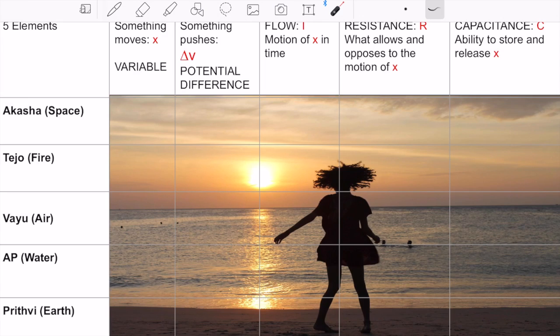So, starting from Earth, we said a ball, an apple, some body that has a certain mass is moved, right? So this is the ball that moves. This is the variable. A ball, a mass that moves and is pushed by a potential difference. It pushes the apple down the gravitational field, right?